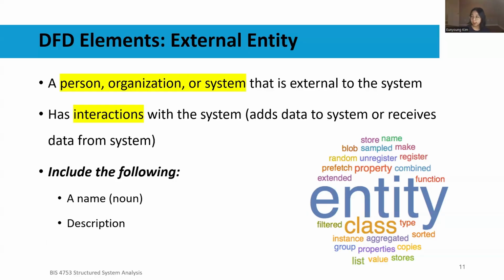So in this case, the order processing system can be one external entity which appears in our data flow diagram. But the point is that all of these external entities should have some kind of interaction with our system.